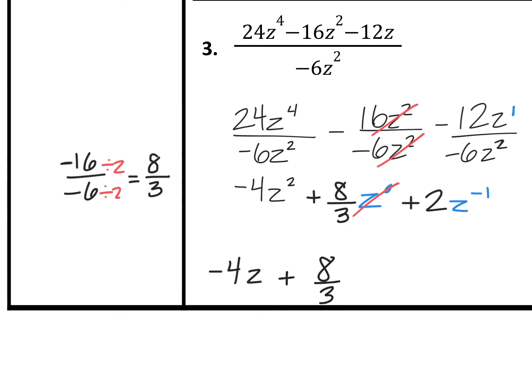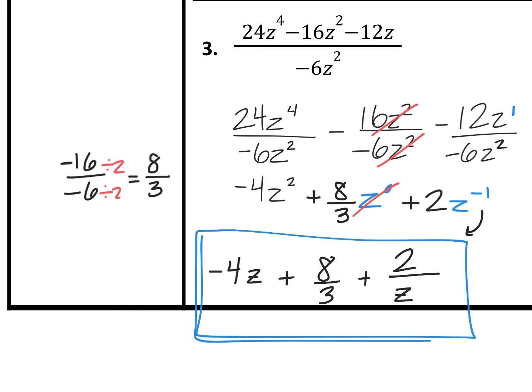All right, so we are going to send this down, and it becomes 2 over z. The 2 stays. You could do z to the first if you want, but Math Excel, if you're typing this in, would just want z, because it's just a 1. Those are z's, and the thing on the top is a 2. That is done. That's the hardest one, I think, on this page.